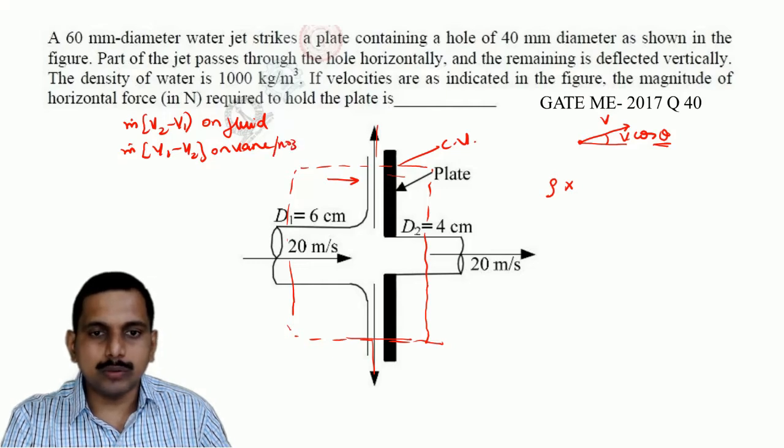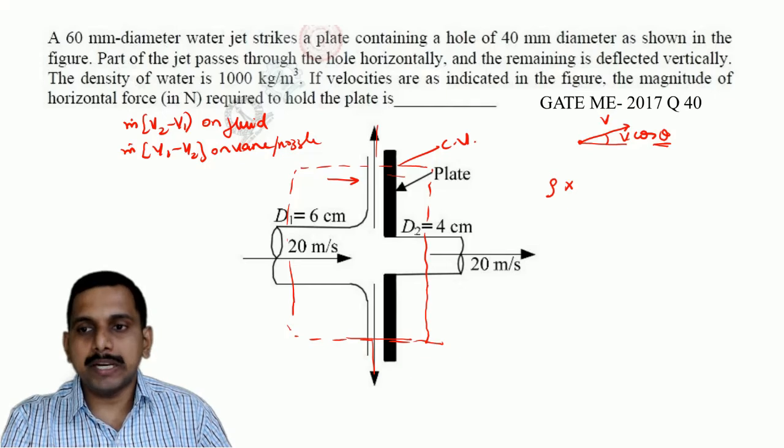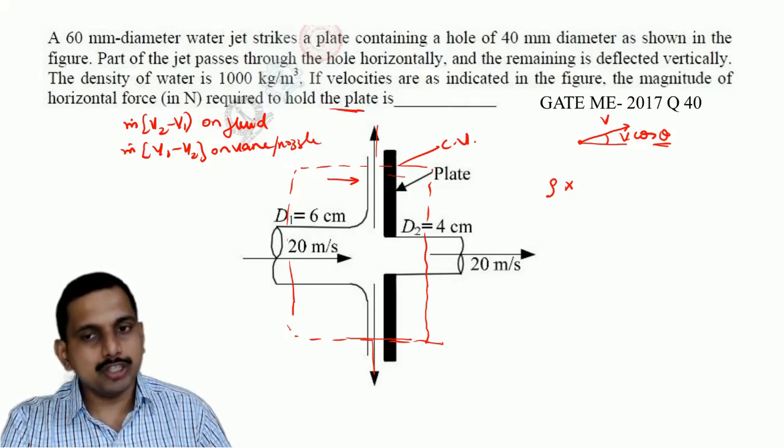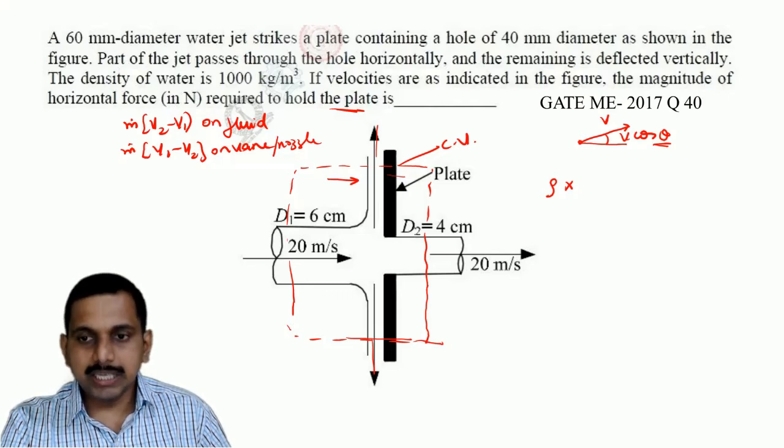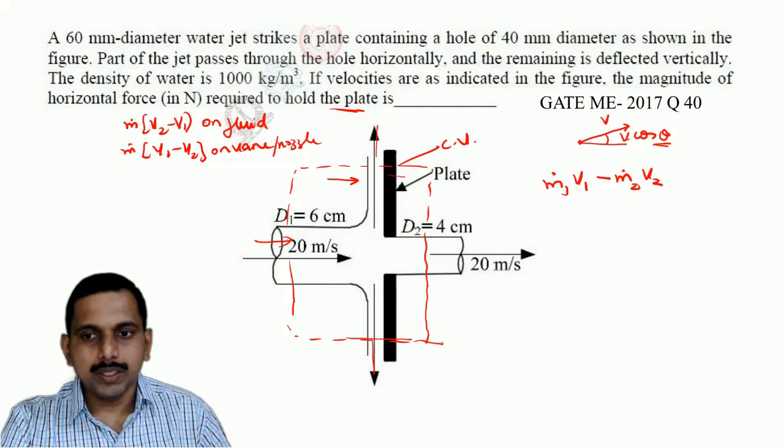Last time we took the nozzle, whatever be the case. So now we will take it on the plate itself because they have asked for the plate. If it is on the plate, then it is m1 dot into v1 minus m2 dot into v2.